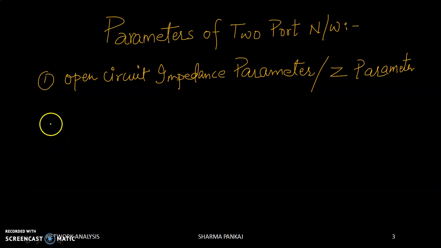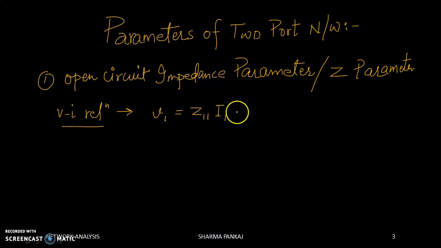The voltage current relationship, that is the VI relationship, is given as V1 is equal to Z11 I1 plus Z12 I2.